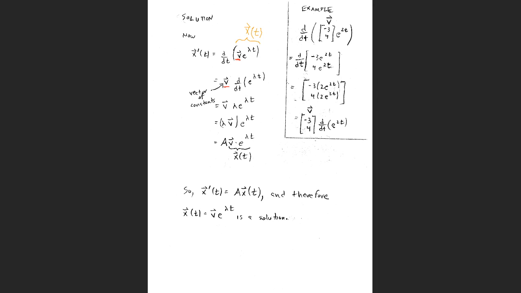And so you're left with the eigenvector v times d dt of e to the lambda t. Well, you know how to take the derivative of e to the lambda t. Just use the chain rule. That'll equal lambda times e to the lambda t. That gets me down to here.